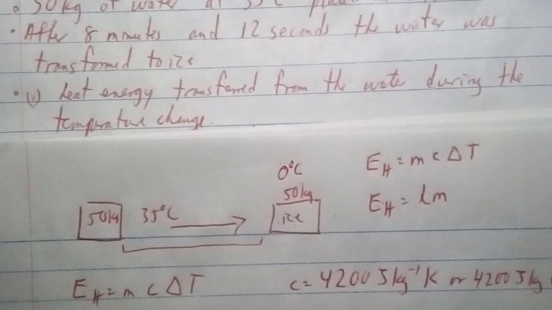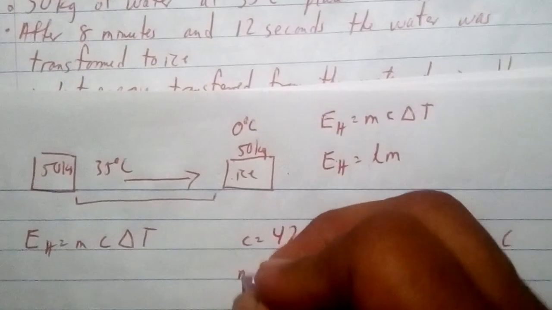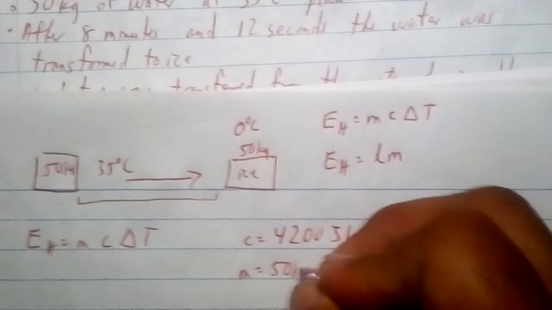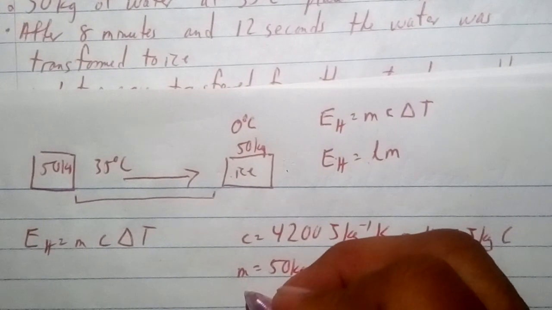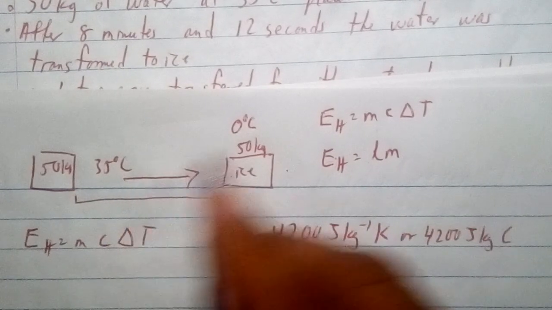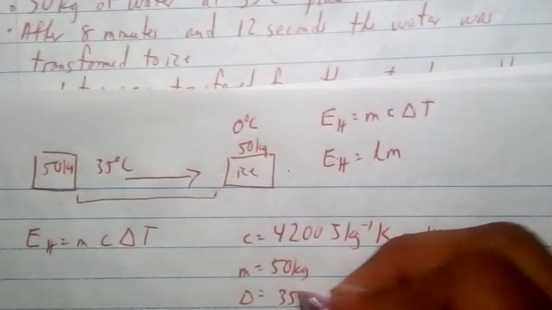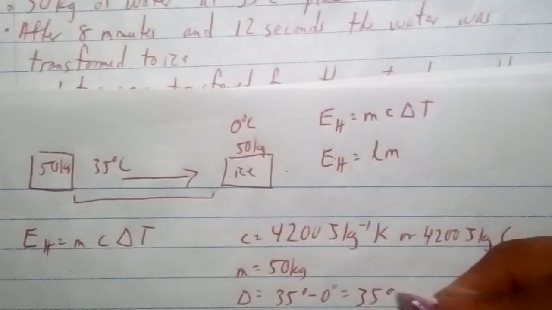So do we have the mass? Yes, we have the mass of 50 kilograms. Do we have the temperature change? Well, they didn't tell us what temperature to what temperature, but the mere fact it froze means it went from 35 to 0. So the temperature change will be 35 take away 0, which is 35 Celsius.